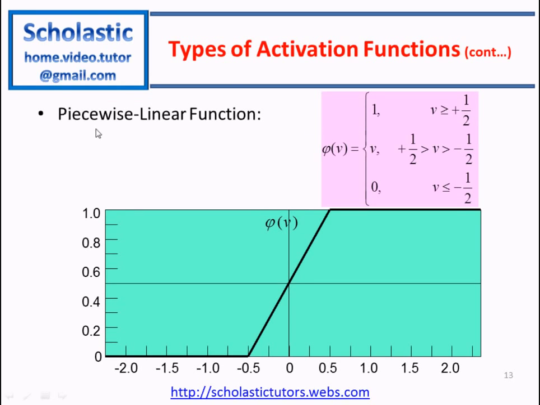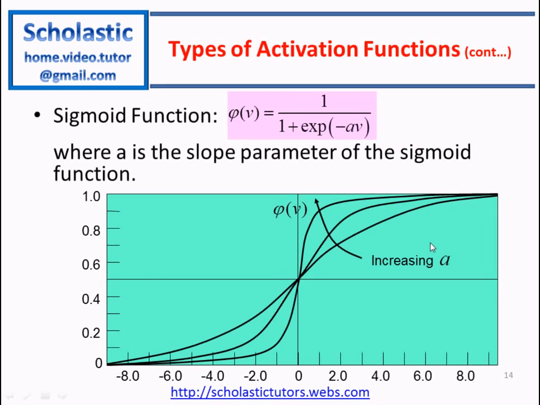And there's another one called piecewise linear function where it has a gradient here. So up to -5 it gives 0, -5 to +5 it has a linearly varying function here, and then when it is positive 0.5 or greater, you get 1 as the output.